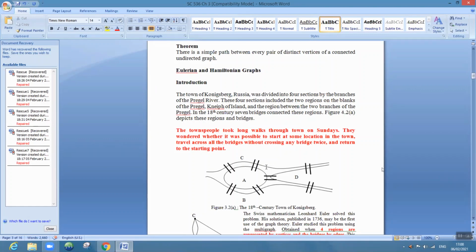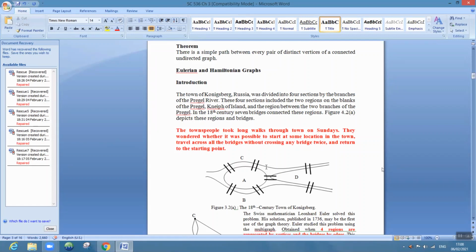So two islands are connected, or two rivers are flowing through. The shape of the graph is like this. These are like two islands. These are the two banks. B and C are the two banks of the river, connected by 7 bridges. This is the very famous Königsberg bridge problem or 7 bridge problem.